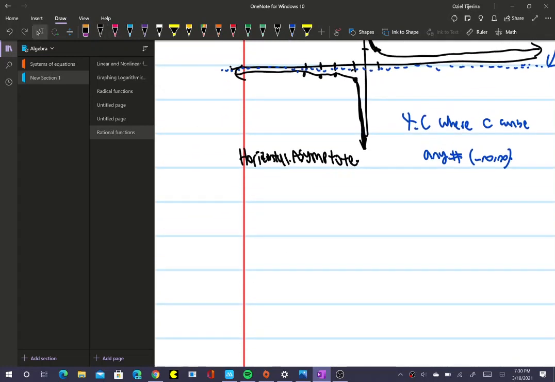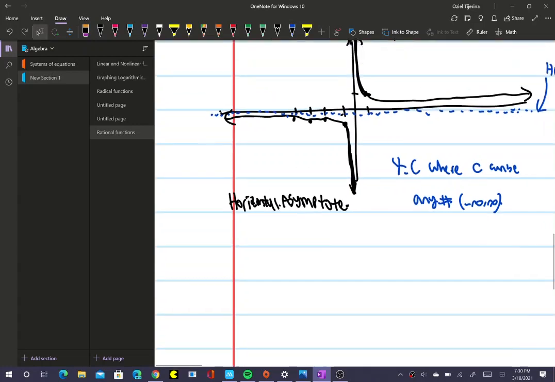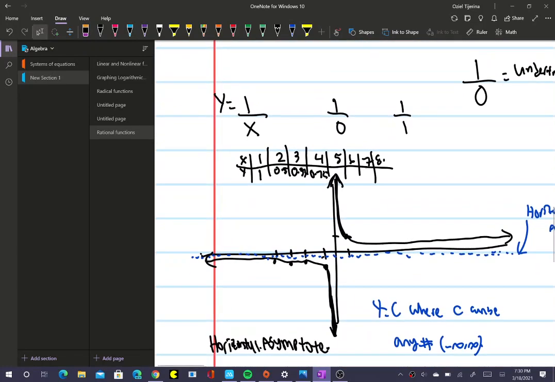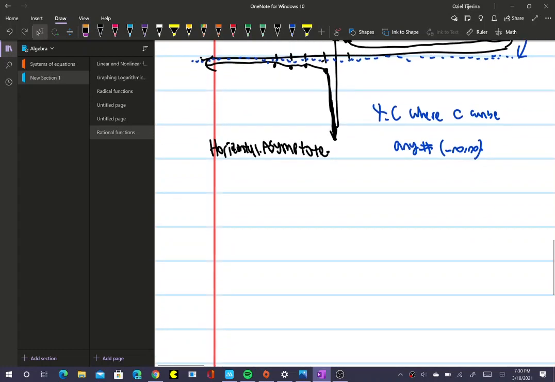As for the vertical asymptote, it is whatever your denominator is equal to when you make it equal to 0. For y equals 1 over x, the vertical asymptote, denoted as VA, would be x equals 0, okay?